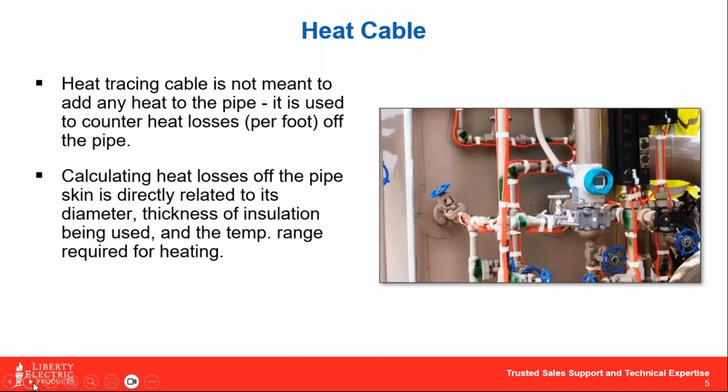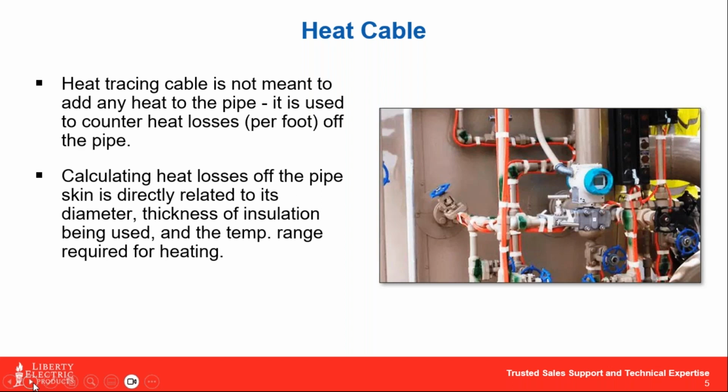All right. The heat trace cable, this is a common thought process that's out there, to folks that don't work with this material as regularly as we do. But the heat trace cable itself doesn't actually add heat to the process, or it certainly isn't intended to. It's really just there to offset your losses off the skin of the pipe. Okay. When we calculate these heat losses, there are some factors that go into it.